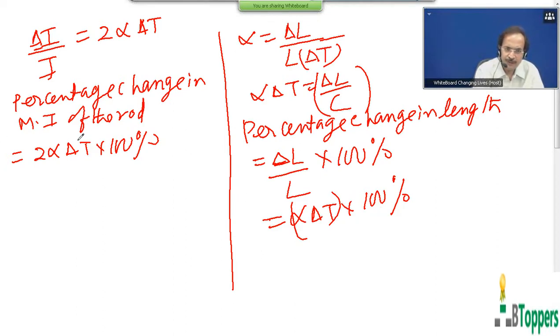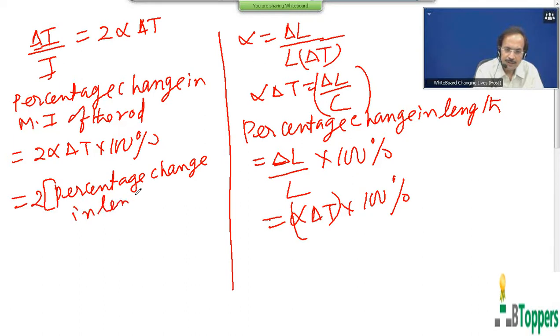The percentage change in the moment of inertia of the rod about the axis perpendicular to the length of the rod and passing through its center is 2 alpha delta T into 100%. That means you can observe that the percentage change in the moment of inertia of the rod is 2 times the percentage change in the length of the rod.